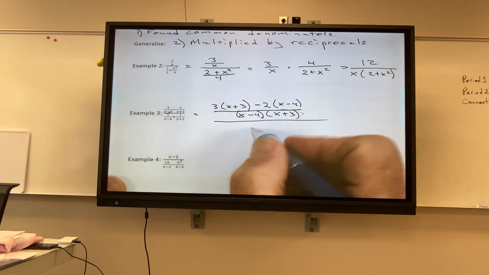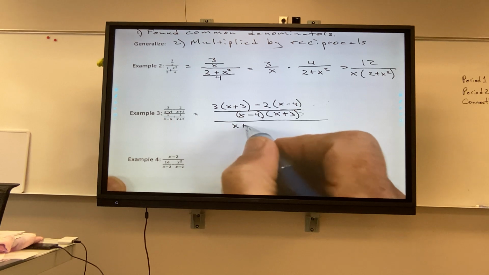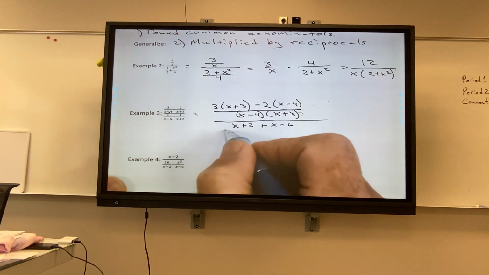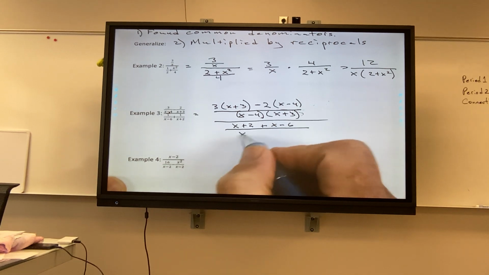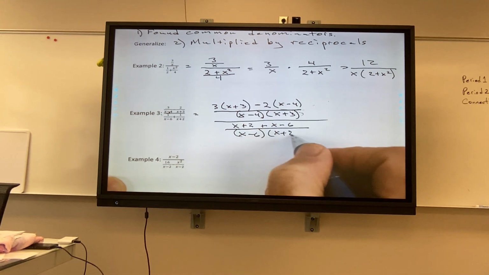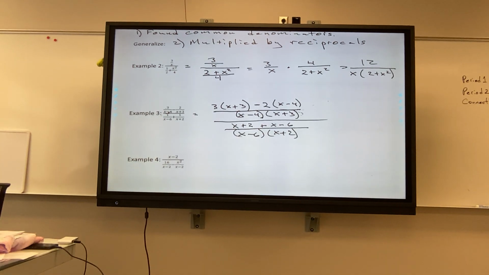Below, I'm going to have x plus 2 plus x minus 6 over the product of x minus 6 over x plus 2. So again, what I did here is I multiplied this numerator and denominator by x plus 2. I multiplied this numerator and this denominator by x minus 6.